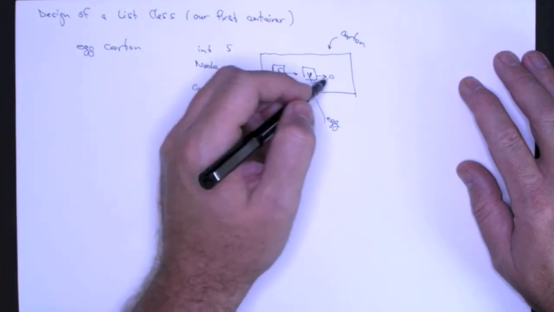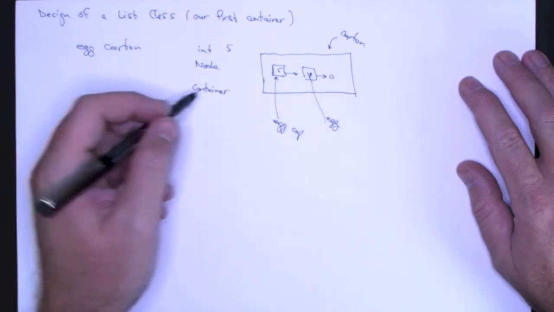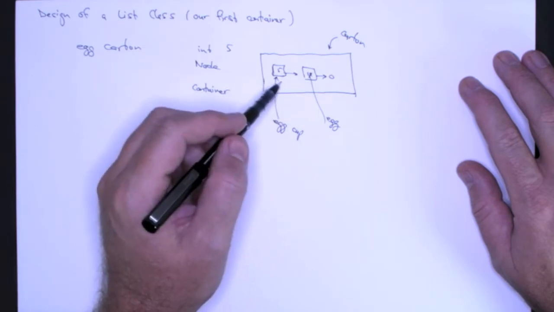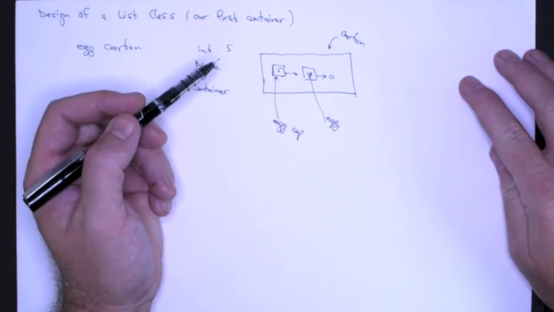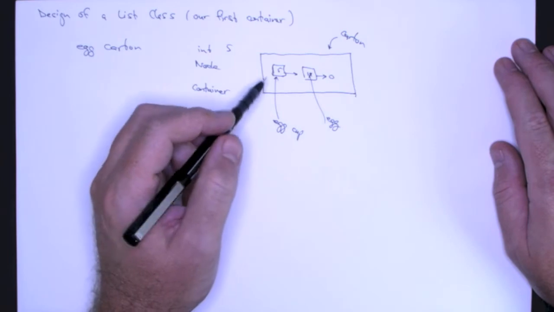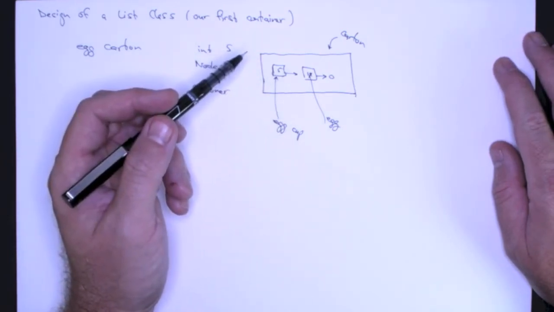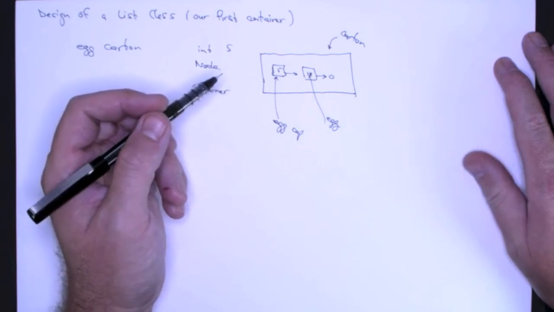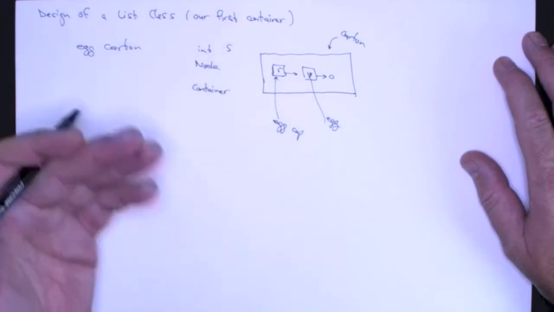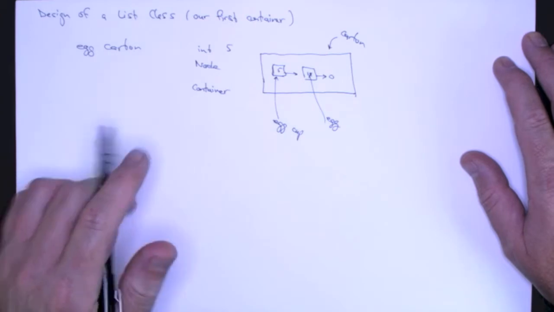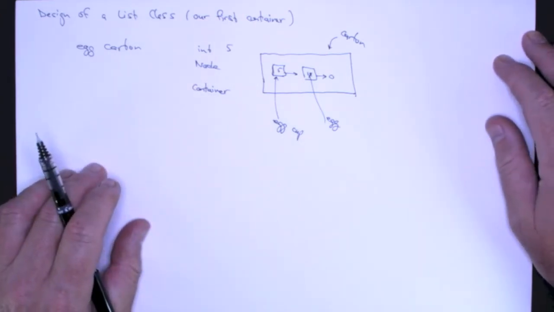Right now we're going to organize these in a linear fashion, but as we go along, you'll see that there are other ways that we can organize the egg cups of a carton, just like sometimes you can buy a 6 egg carton, or a 12 egg carton, or an 18 egg carton. So there are various ways that we can organize these nodes and these egg cups.